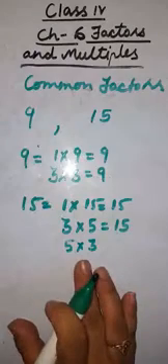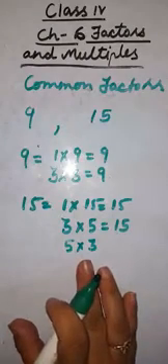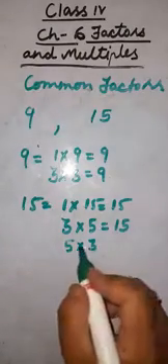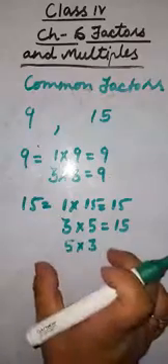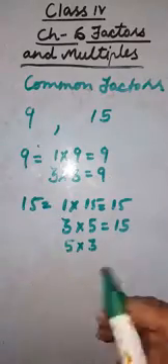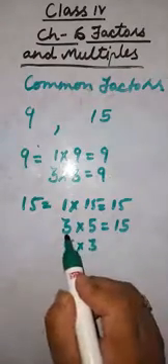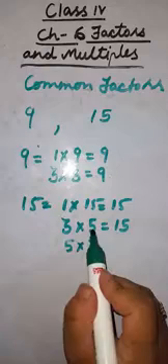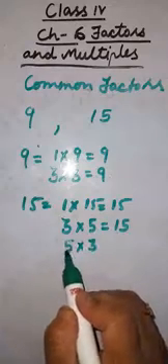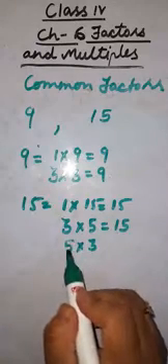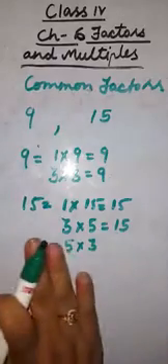So in this case, look at here carefully. In this case, the numbers are repeating and they change their order, right? You can see here the numbers are changing their order. First we have written 3, after that 5, and then we just change its order. 5 we have written first, then 3. So we will not write this.